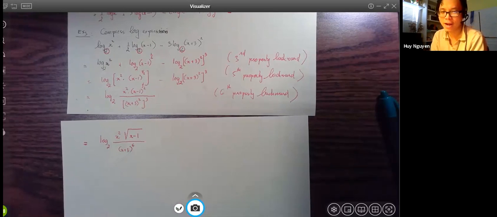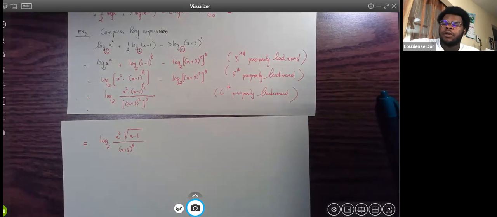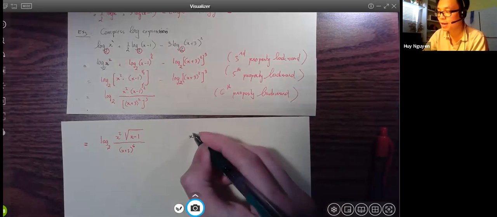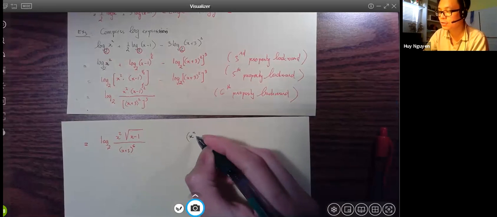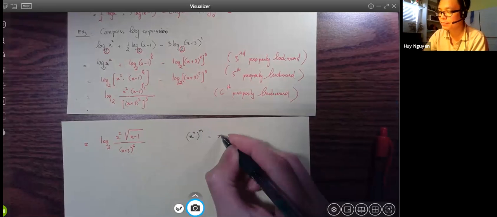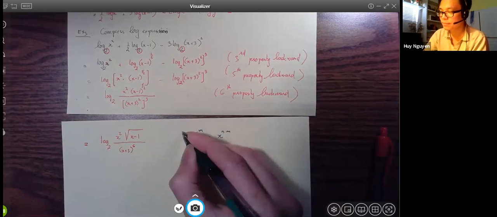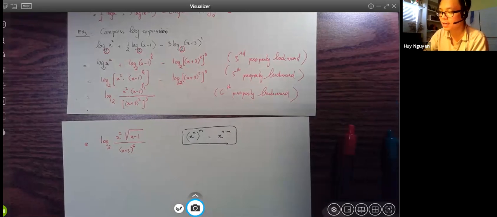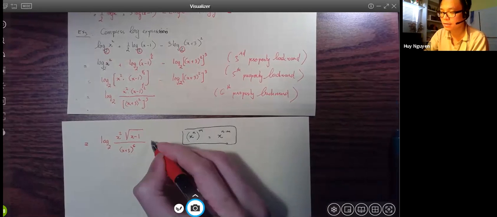Anyone remember how I can do that? You multiply the exponents, because the formula is x to the m raised to the n equals x to the m times n. And now this is our final answer and we're done. This is a beautiful answer.